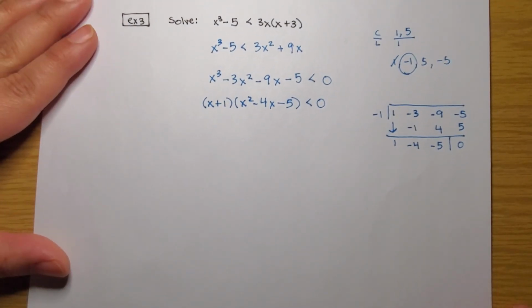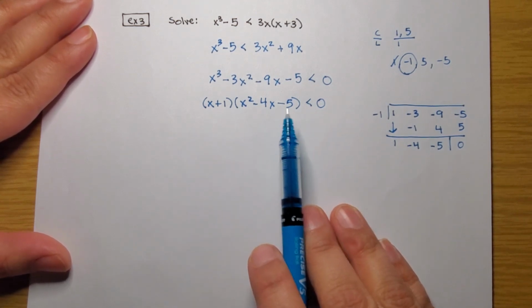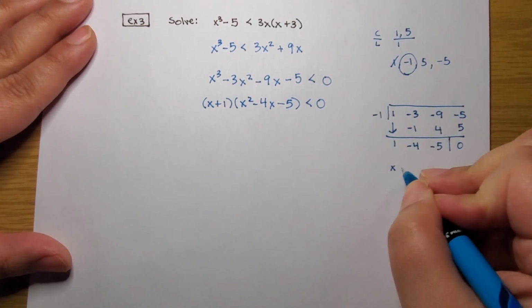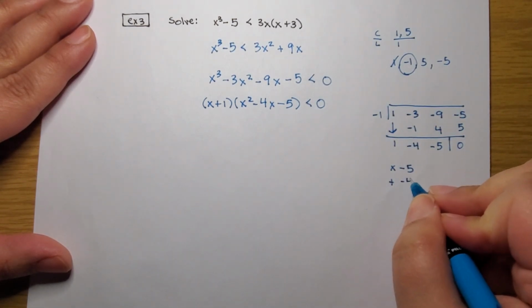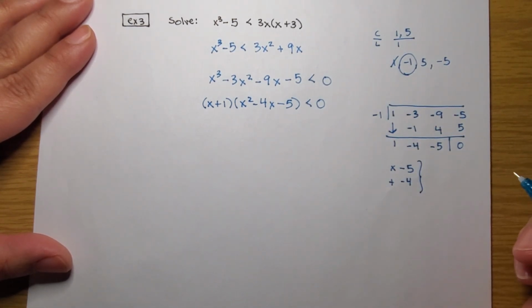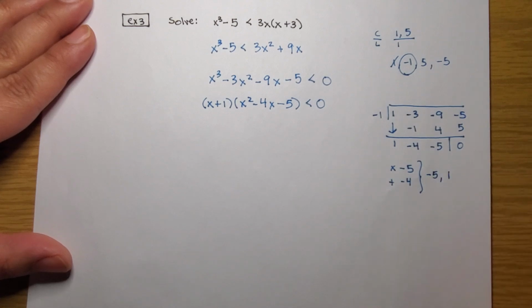All right, so now I have a quadratic, which hopefully we can factor. We can do so if we find two numbers that multiply to -5 here, but add to -4. So multiplying to -5, my options are 1 and 5. So if they add to -4, we've got -5, +1.